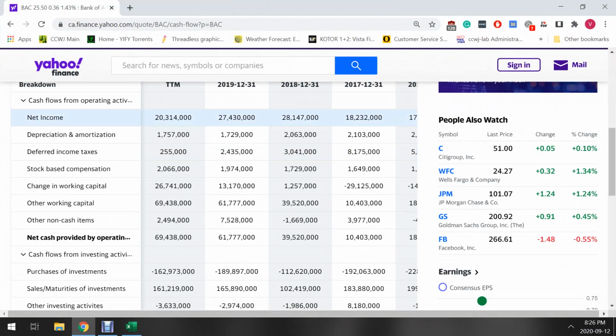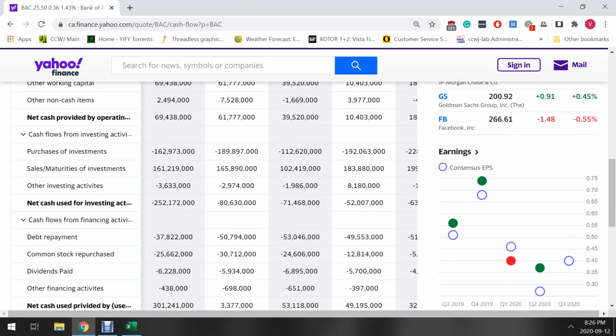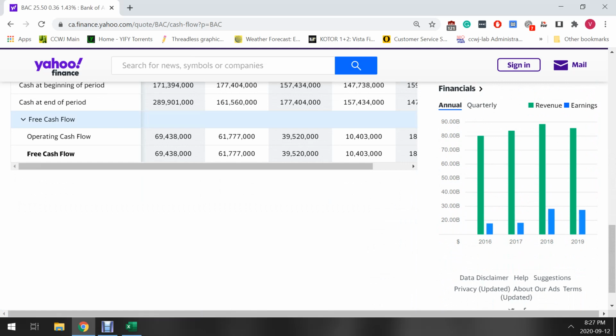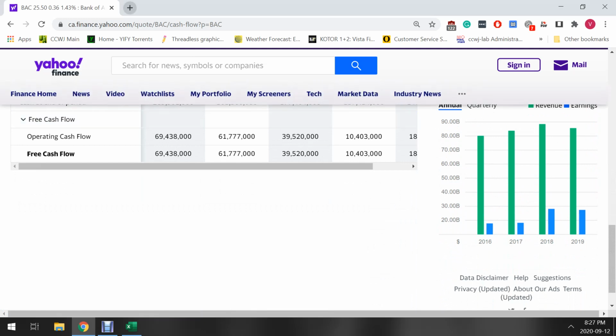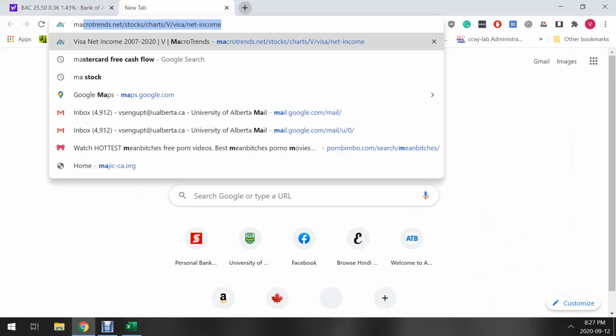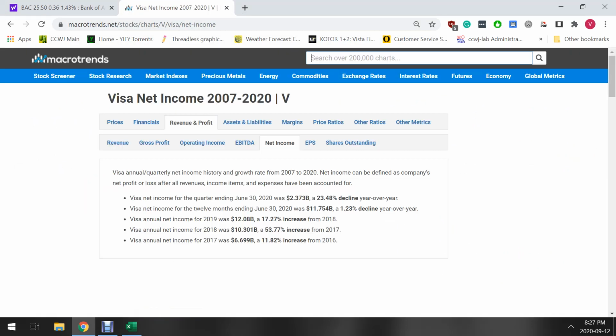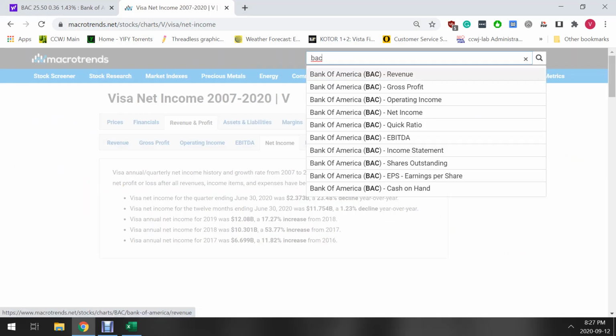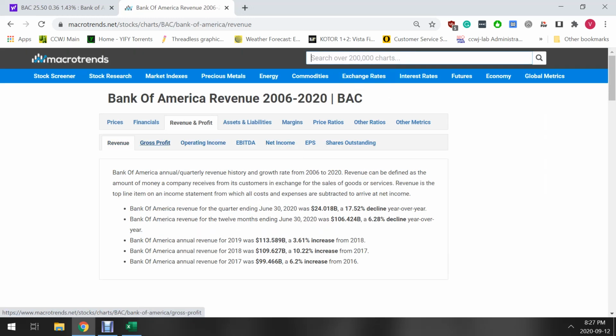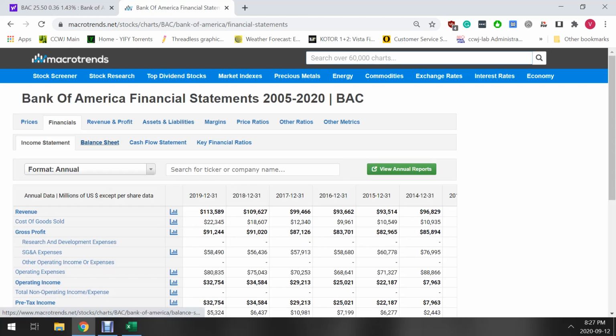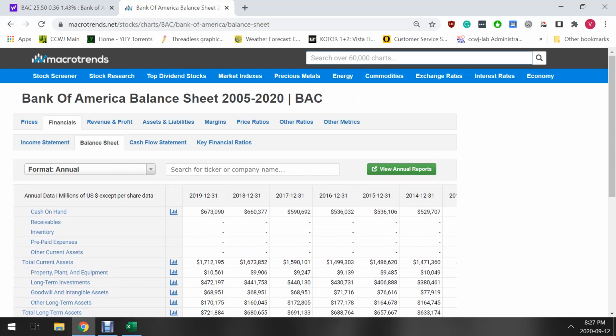The next thing that I want to show you is a very good website called Macro Trend, and in Macro Trend you can search for BAC there, and you will see this tab open up, and then you can go to financials here and then go to the balance sheet.